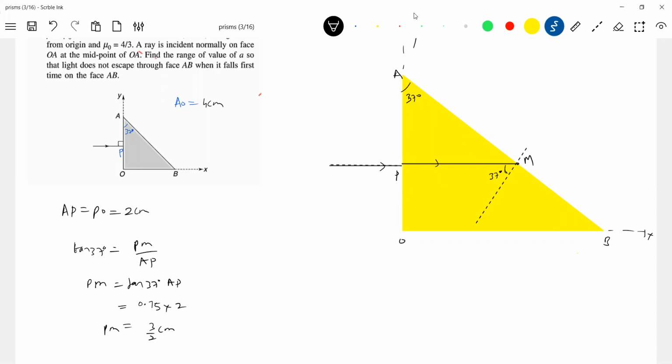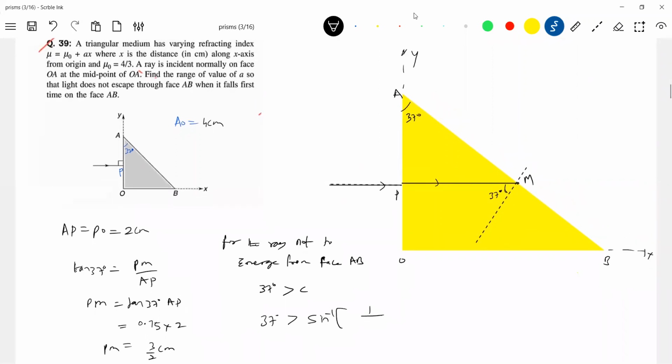Okay, there's PM. What happens after this? It's a strict condition that for the ray not to emerge from face AB, 37 degrees should be greater than the critical angle. So what is the critical angle? Sine inverse of 1 by mu.